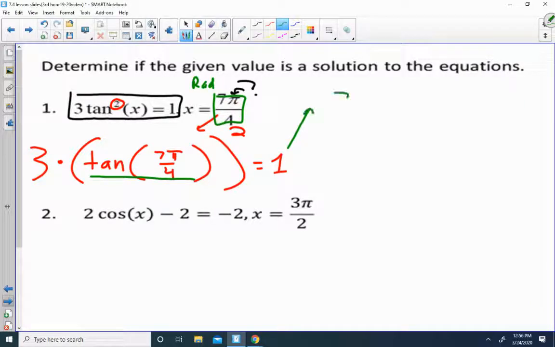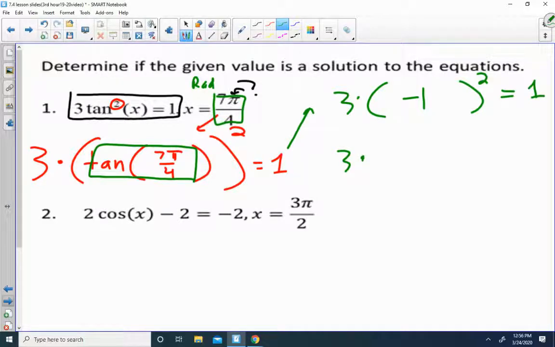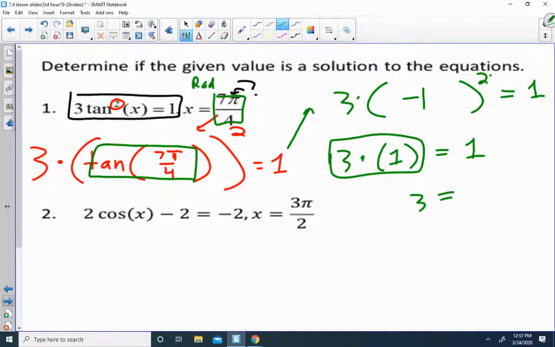So let's go over here. 3 times tangent of 7 pi over 4, which, as you saw in the calculator, gives you -1. Then just simplify from there. So 3 times -1 squared, but -1 squared just turns out to be +1. And now you just do 3 times 1, which will give you 3.